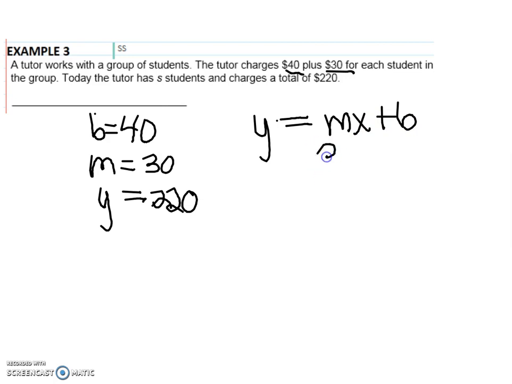We have 30x plus my one-time fee of $40 equals $220.